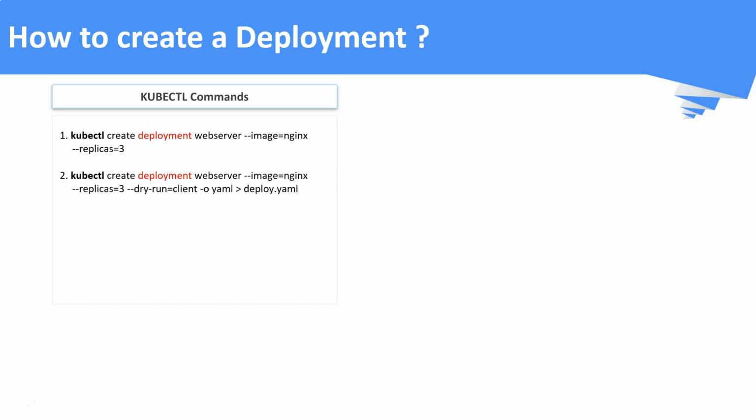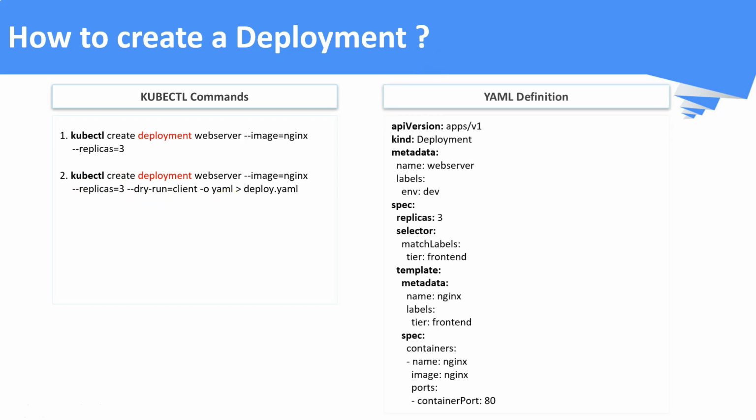You can very well simulate to create the manifest file using the kubectl command, just like this. Once you execute the second command, it will create a deployment YAML manifest file, and then you have to edit that file's parameters as you wish so as to create a deployment.